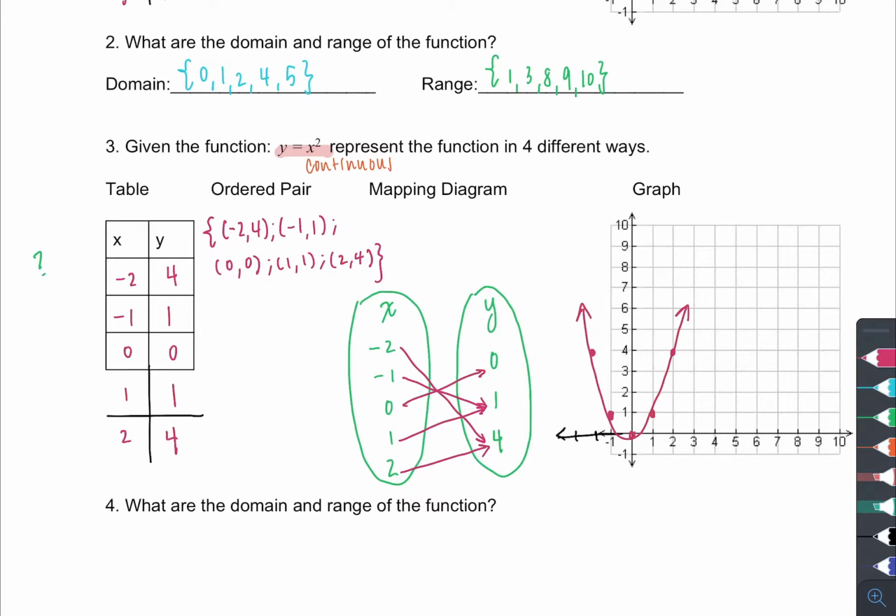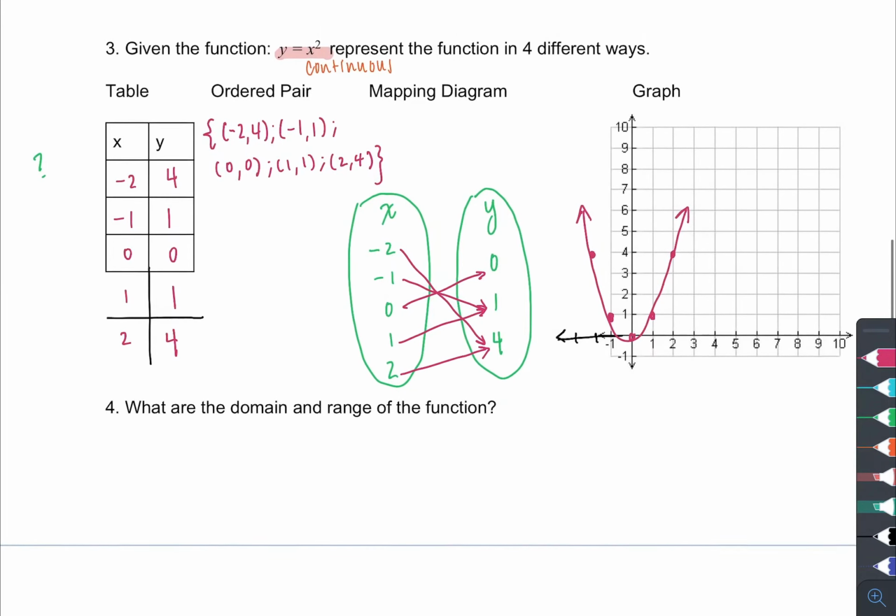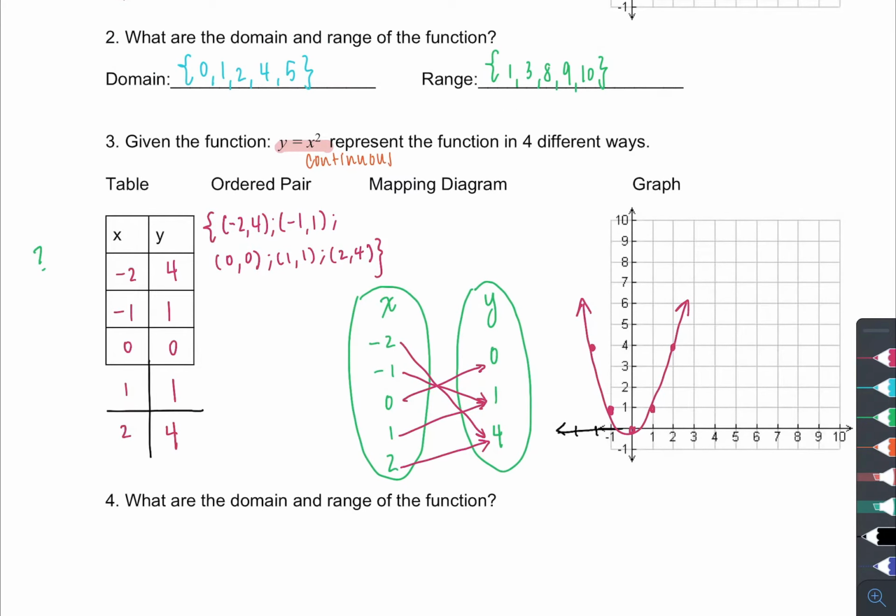All right, let's talk about the domain and range of the function. They're on the next line, but I think they're on the same one for you. So the domain is our x values. Now it's a continuous function, so there's infinitely many numbers in the domain. For the domain, you can see that it just keeps going up and up and up.